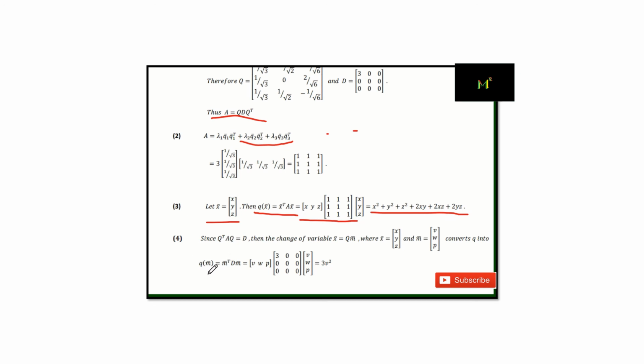Now Q of m is given by m transposed times D times m.